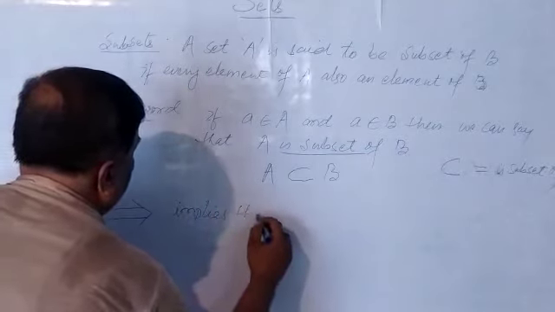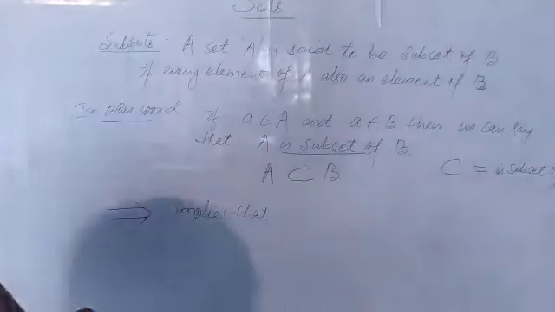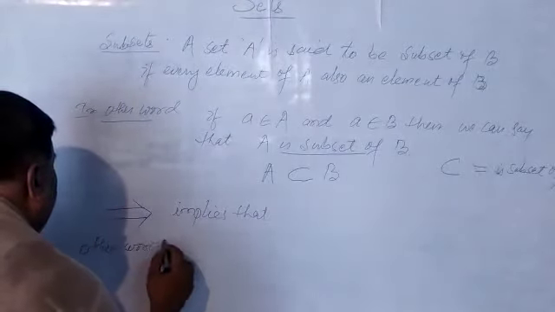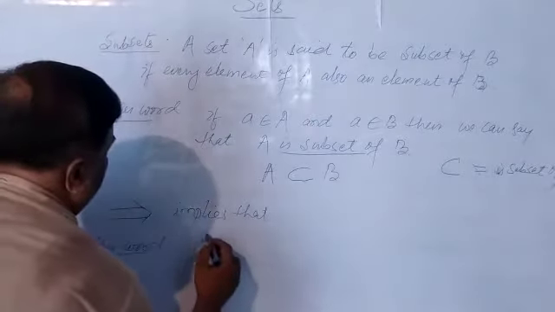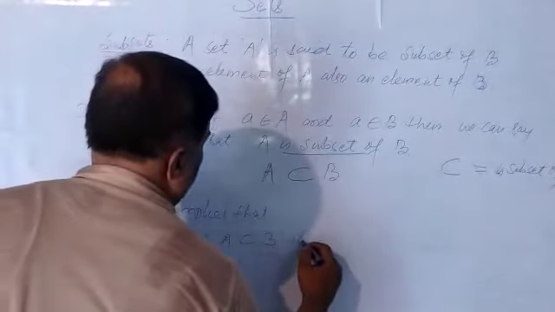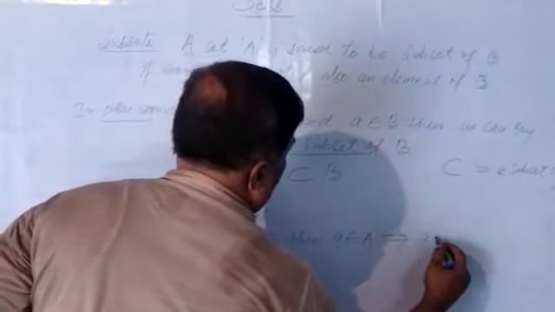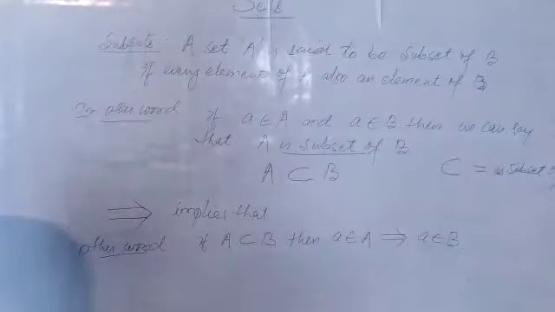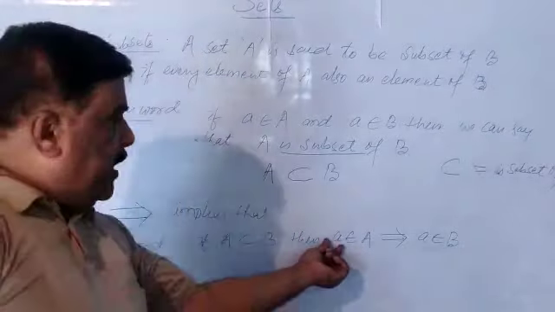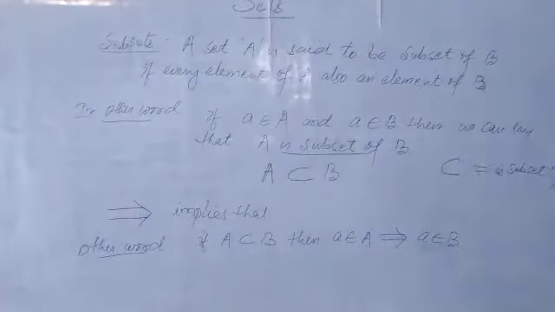With the help of this symbol, we can also define it as: if A is a subset of B, then a belongs to A implies that a also belongs to B. It means A is said to be a subset of B if an element of A is also an element of B. Note it down.